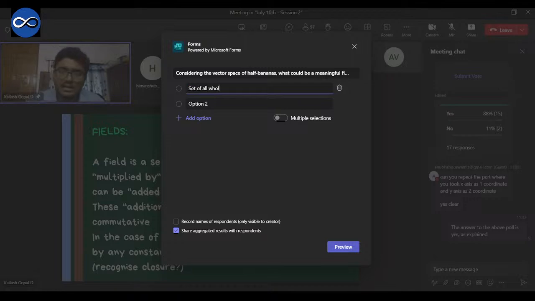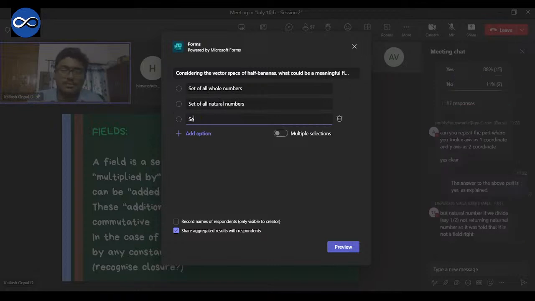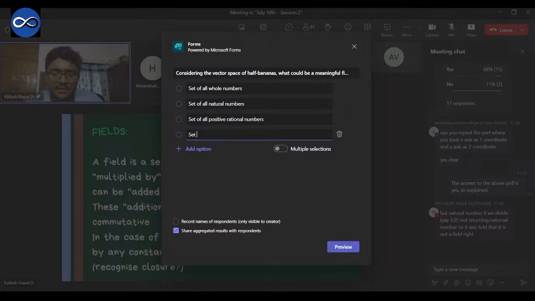For example, in base 17, the multiplicative inverse of 2 is 9, and the multiplicative inverse of 9 is 2, because 2 into 9 is 18. 18 is 1 more than 17, and 1 I call the multiplicative identity. So the natural numbers mod 17 form a field, and things like that.